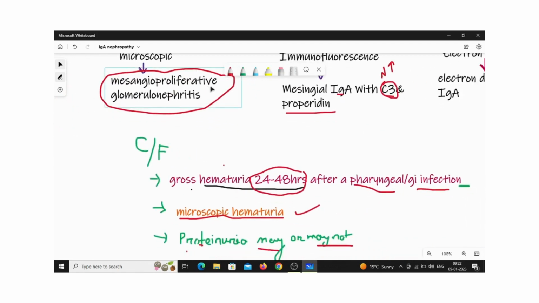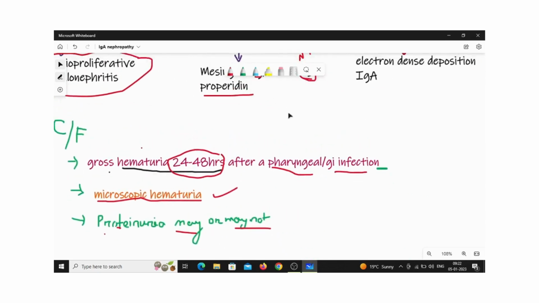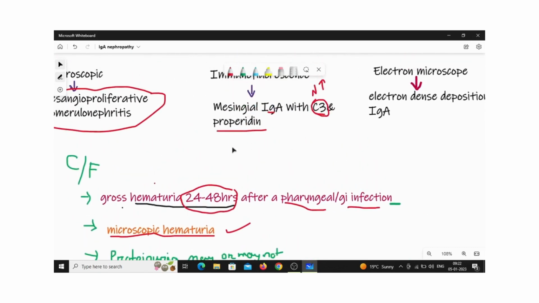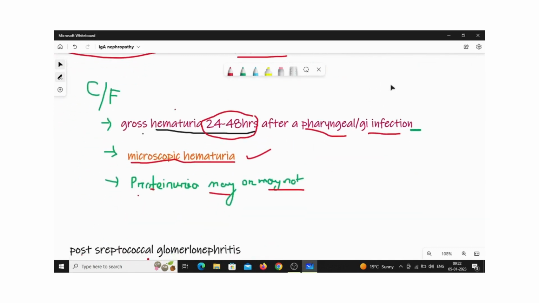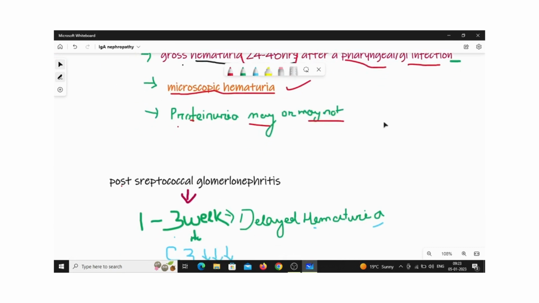Most commonly, mesangioproliferative glomerulonephritis is seen on microscopy, and C3 and properdin glycoprotein will be present associated with IgA in the immunofluorescence. And the clinical feature: gross hematuria within 24 to 48 hours after acute pharyngeal or GI infection. And keep in mind that hypertension is not associated with this disease.